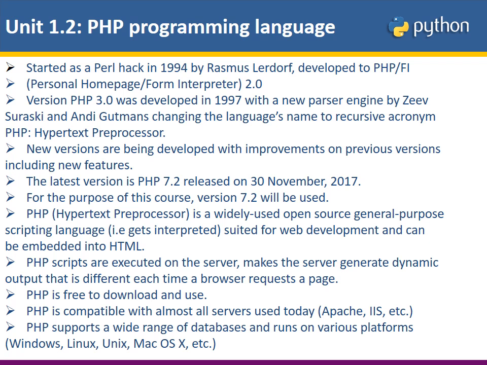The language name was changed to a recursive acronym, PHP: Hypertext Preprocessor. So that is the acronym for PHP. New versions are being developed with improvements. A new version was released on 30 November 2017 with new features that override the previous versions.